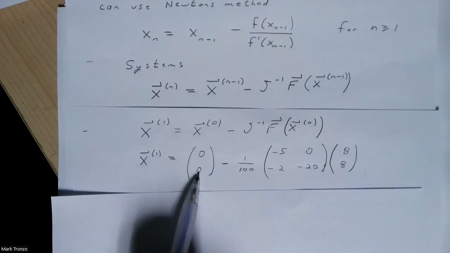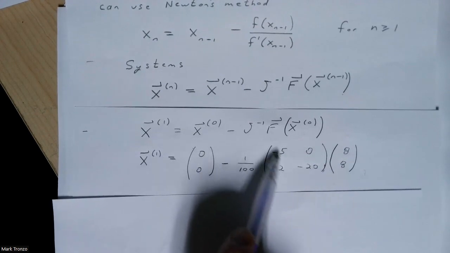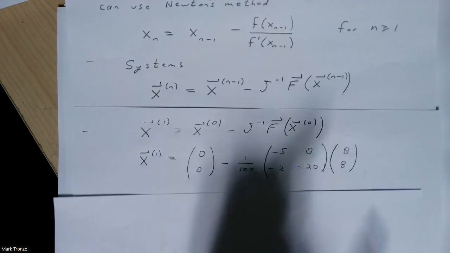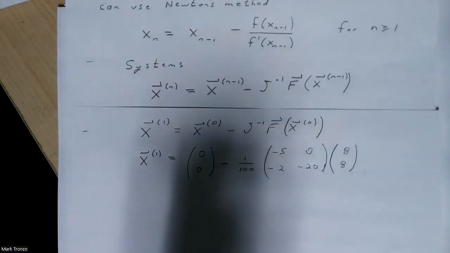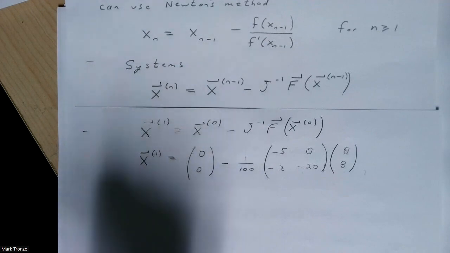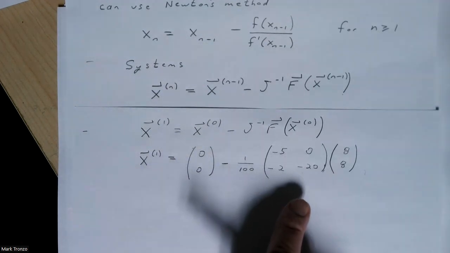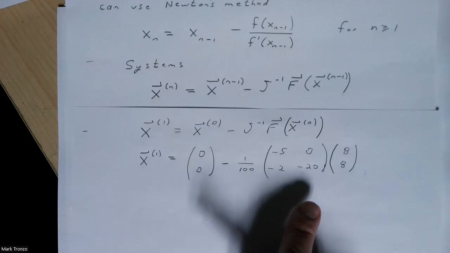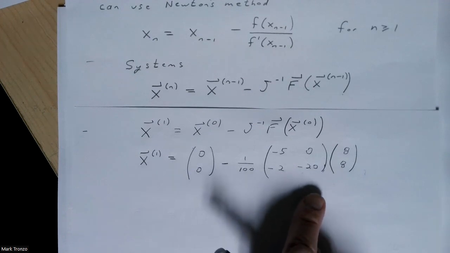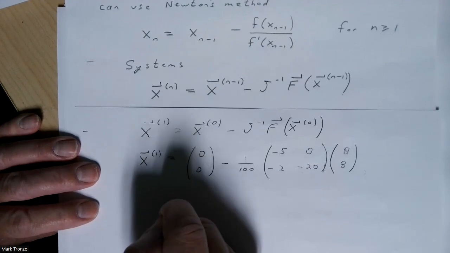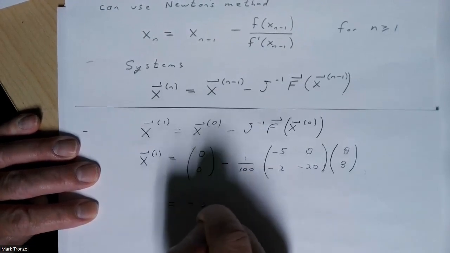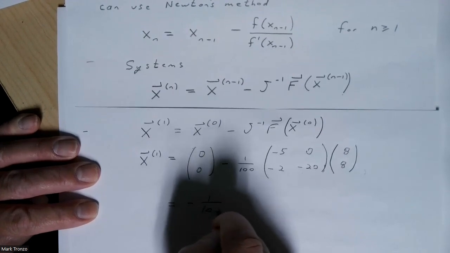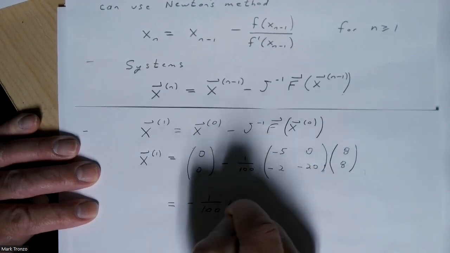And so we did x0, the Jacobian at x0, and the function at x0. And then go ahead and calculate that. And when we multiply these out, this is going to end up being minus 100. Then this is going to be what?